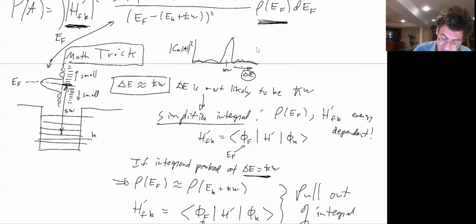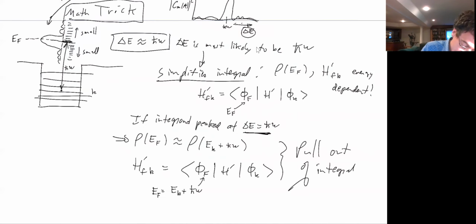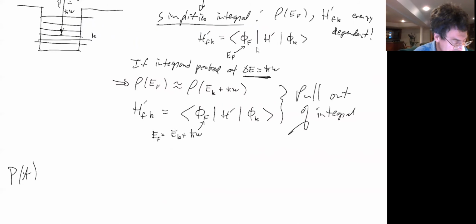And so my integral is now going to look like this. My P of t is now going to look like this. The density of states rho gets pulled out, evaluated at the initial state energy plus h bar omega, and I can pull my matrix element out because it's evaluated at only one energy.